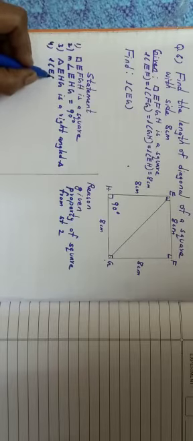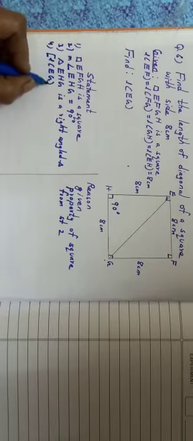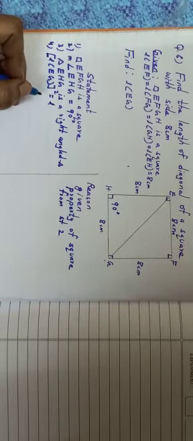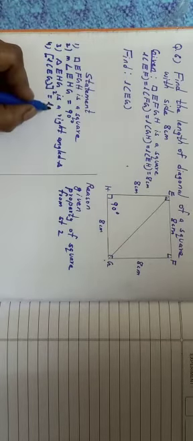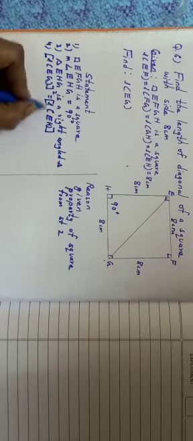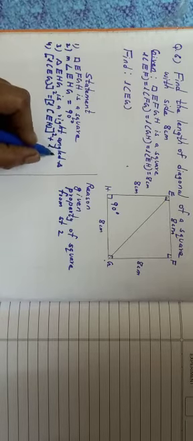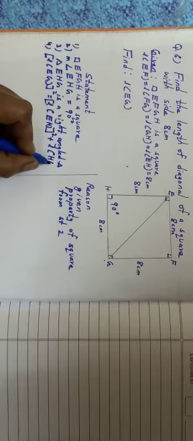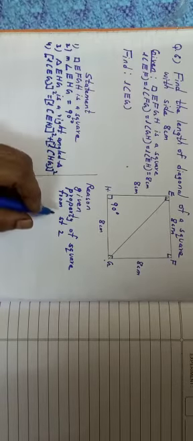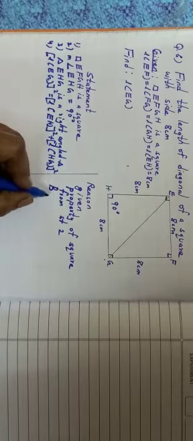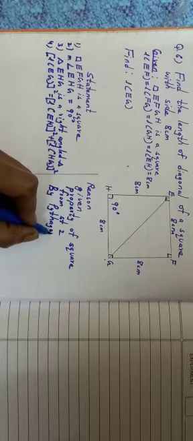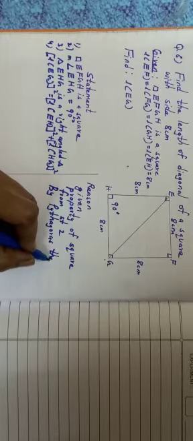Length of EG square is equal to length of EH square plus length of HG square. Reason, what will we write? By Pythagoras theorem. This is easy.